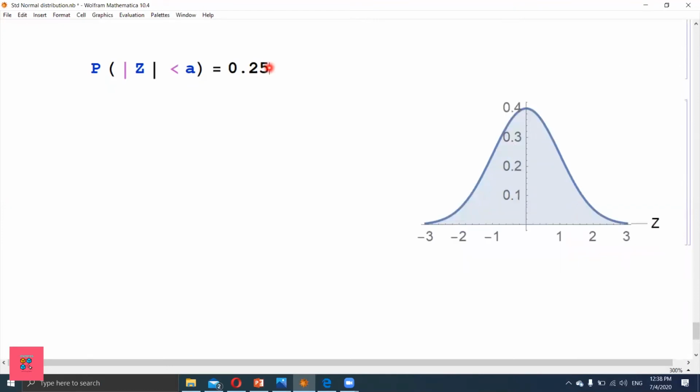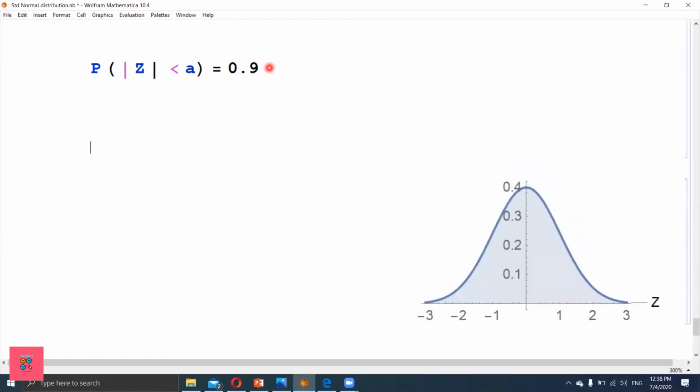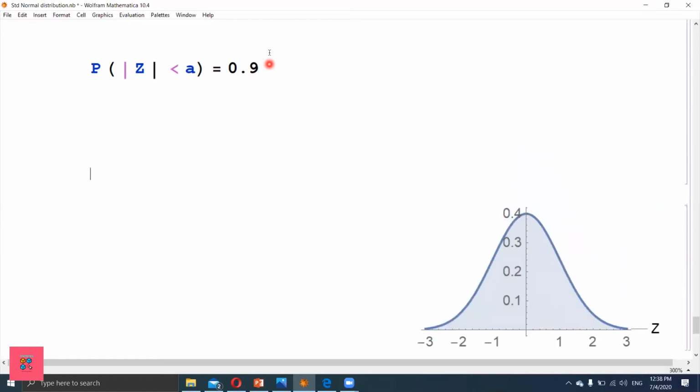If this is 0.9, then the area of modulus Z shows that A is positive A and also negative A. One A is on the left side of this line, one A is on the right side. Both are equidistant from the center line.